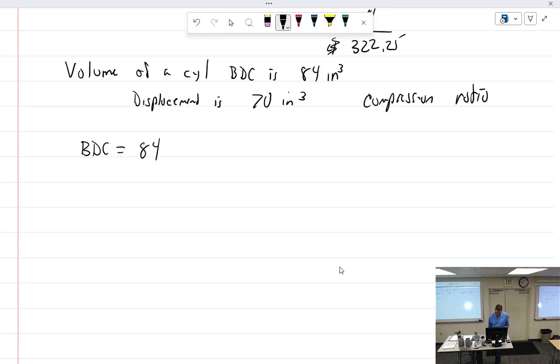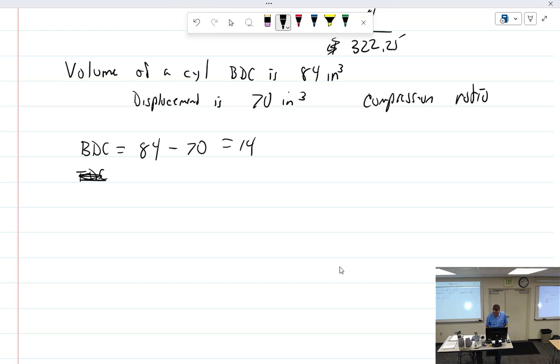And then, let me think, top dead center, what do we got? Oh, we displace 70, so we'd subtract the displacement of 70. We have a total of 84, but it pushes out 70, so what's left over? 14.